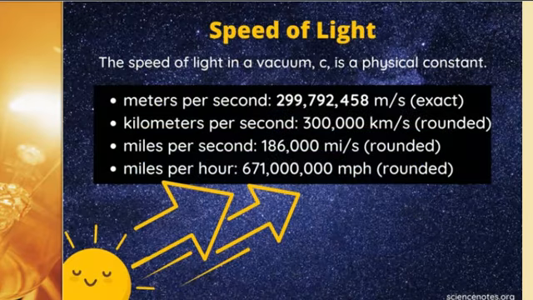The speed of light in a vacuum is called c, lowercase c. Don't know why. Meters per second, about 300 million. Kilometers, 300,000, that's just moving our decimal point over. Miles per second, 186,000 miles per second. Miles per hour, 671 million miles per hour, all rounded up. Very, very fast.